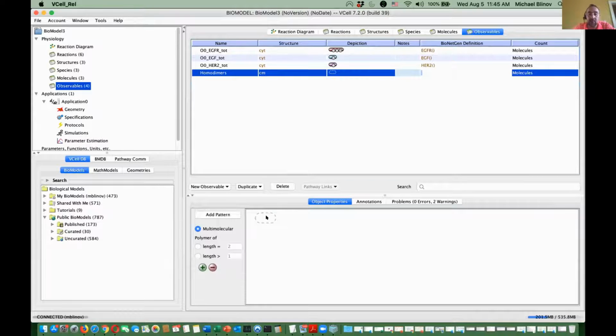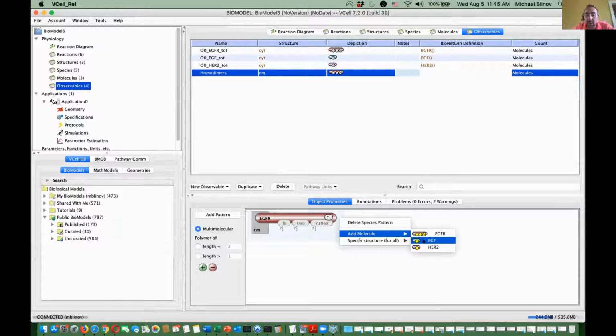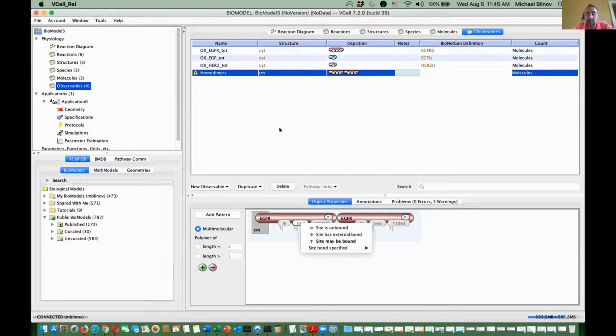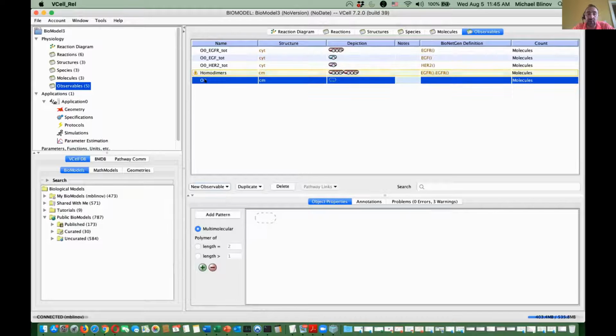So these homodimers would be EGFR and EGFR. And then a new observable would be heterodimer.